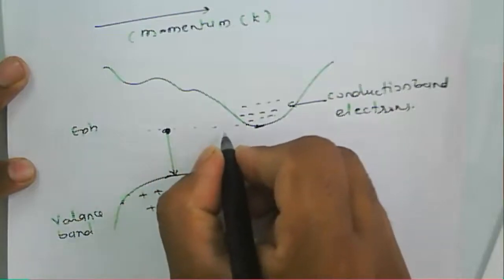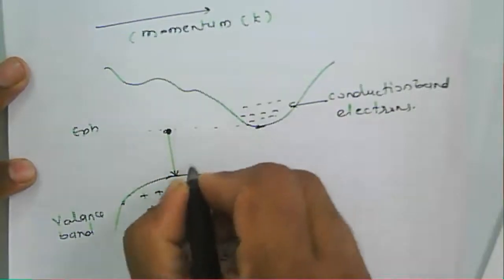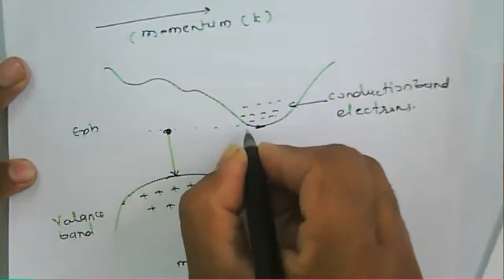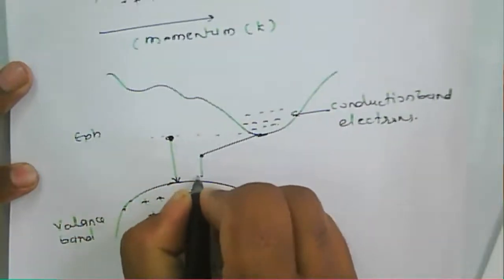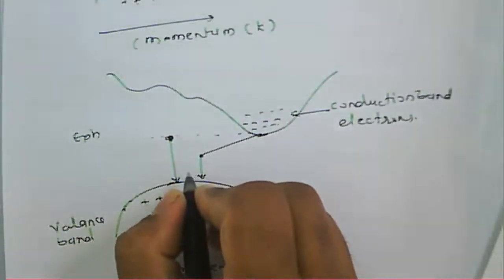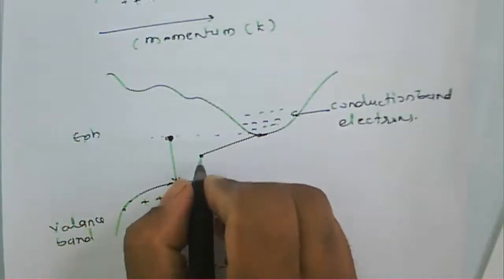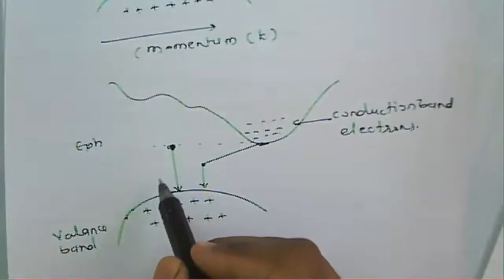But in the case of indirect recombination, that path we need to follow, and in the case of indirect recombination, the electrons and holes do not recombine directly here.